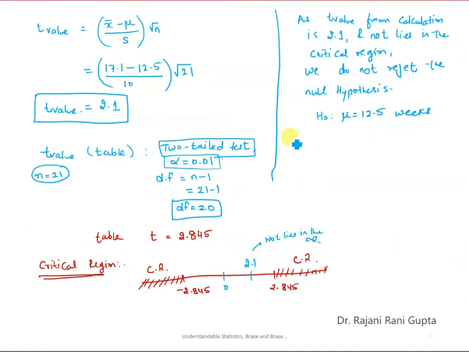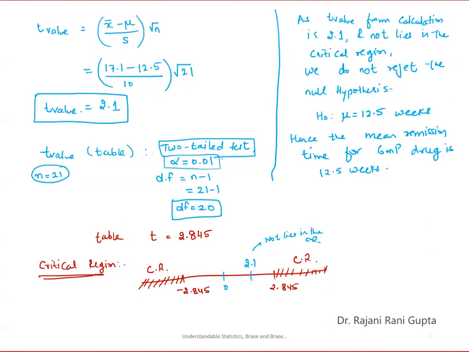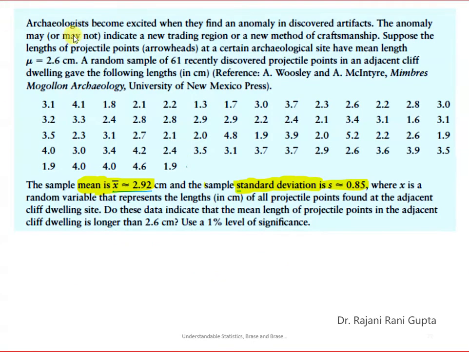So hence the mean remission time for 6-MP drug is 12.5 weeks. That's it.